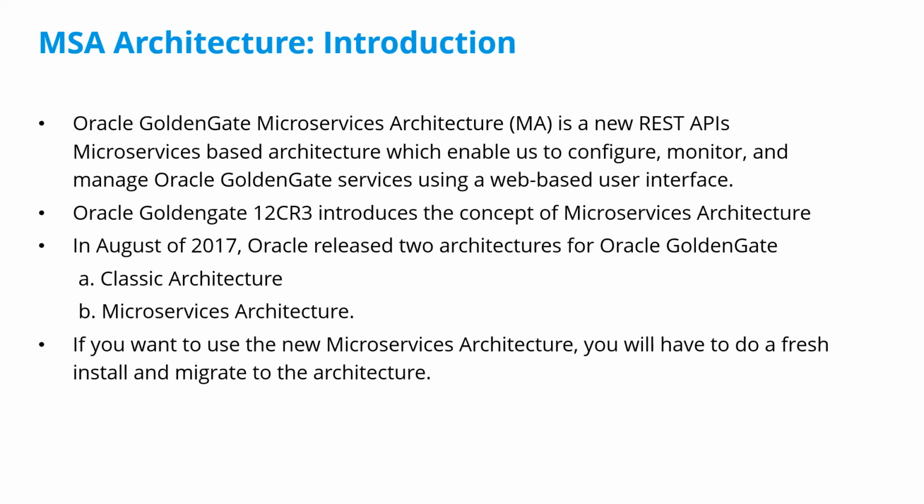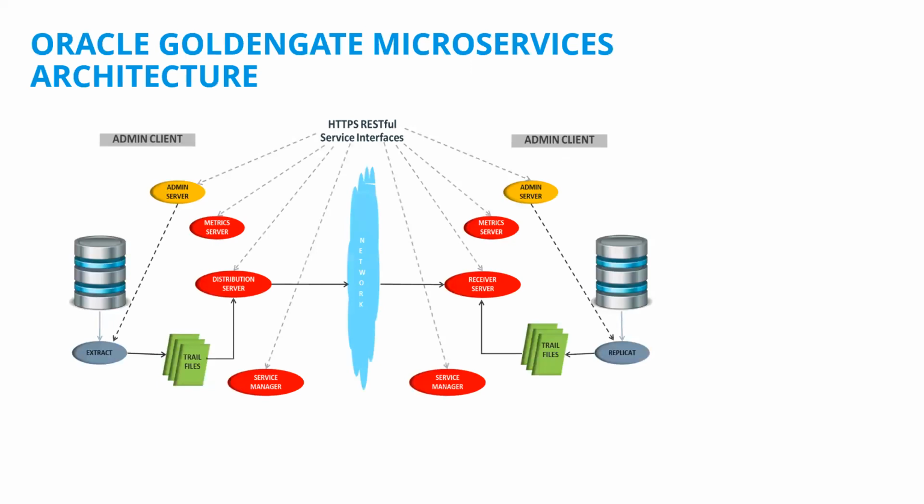If you want to upgrade directly from classic to the new microservices, you will have to do a fresh install and migrate to the architecture. So this is how your microservices architecture looks. Basically there are different services which run.